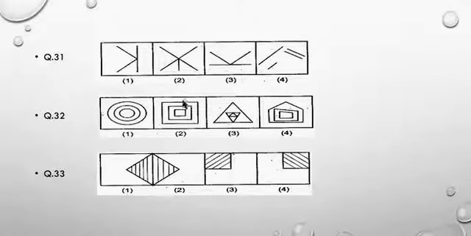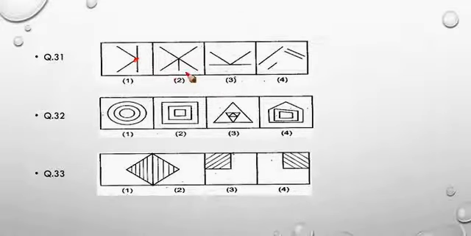Let's go to question number 31. In question number 31, there are 4 options given. We find that there is similarity in figure 1, figure 2 and figure 3. The lines are meeting at one place. In case of option 1, they are meeting at this place.